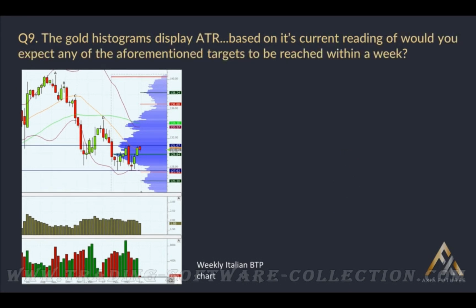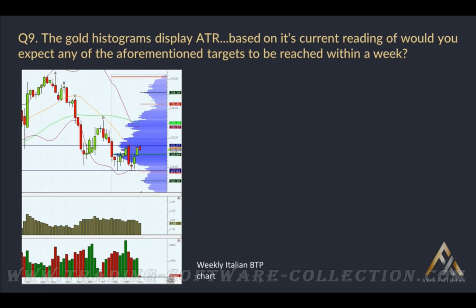And finally, based on the ATR, the gold histograms, would you expect it to reach any of the aforementioned targets within a week? So your ATR is 1.88. The break of the double bottom pattern comes at 131.07.